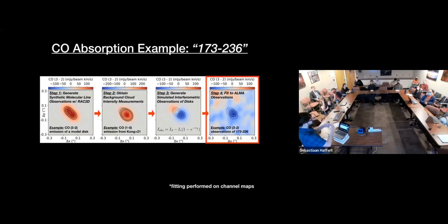The reason why we see this asymmetry is because the cloud intensity is very velocity dependent. So it's only along certain regions of velocity space where we're seeing these strong absorption features in our ALMA data set. This is just a walkthrough of one absorption detection, and we did this with all of the absorption detections in our sample.